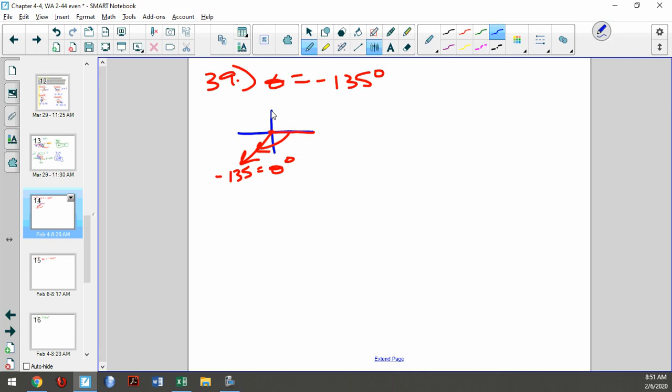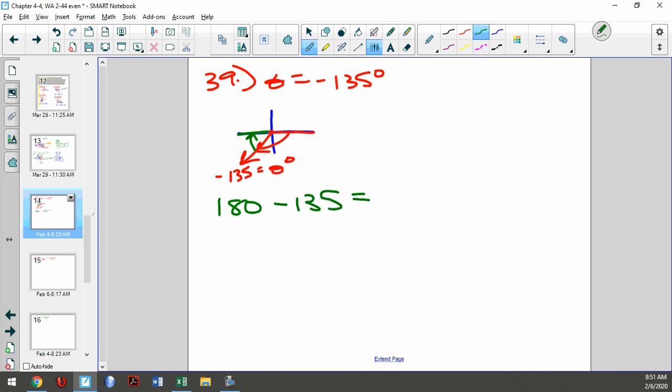I need theta prime, which is my reference angle, and that is this little slice of the pie right here. How can I use the number 180 or negative 180 in conjunction with negative 135? Well, you can just subtract. Either way, it doesn't matter.